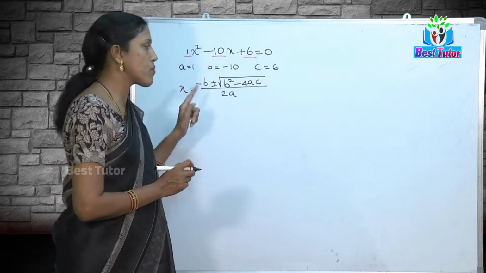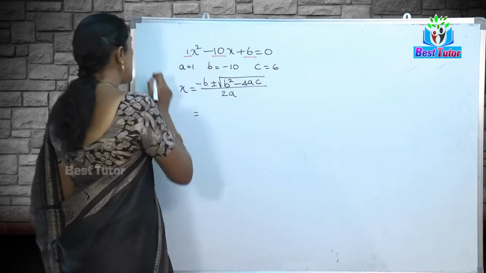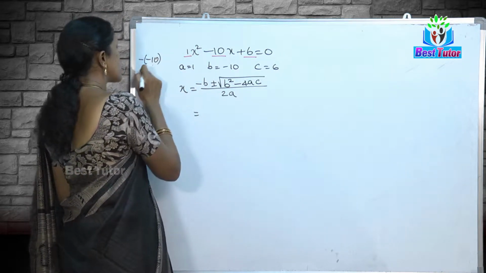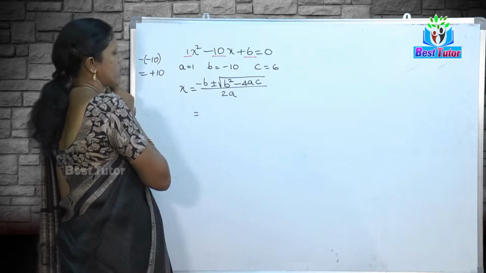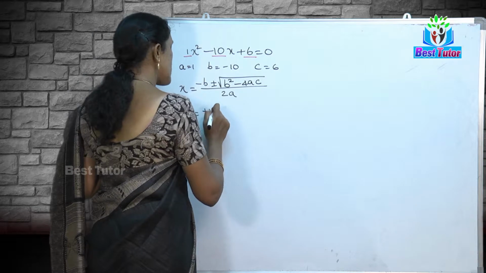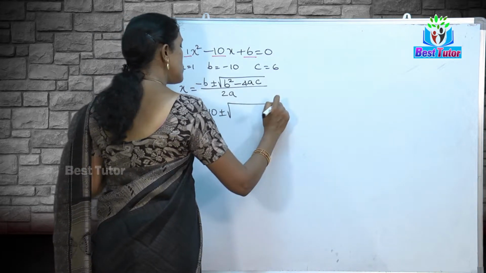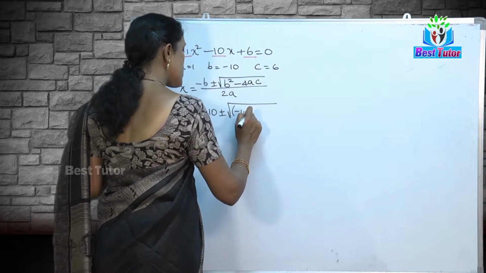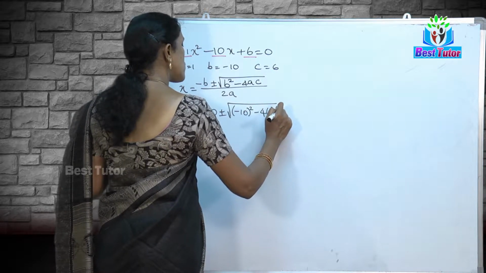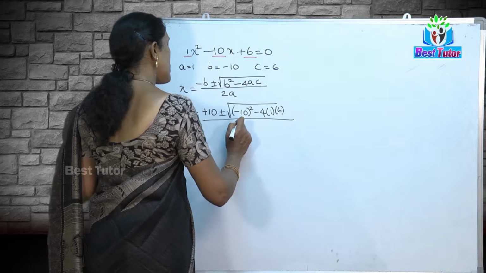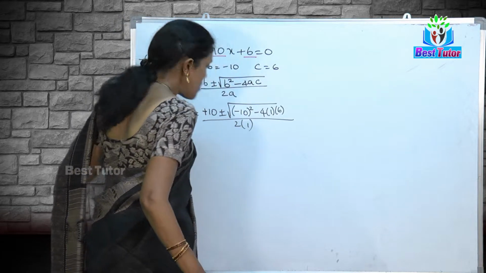So what is minus b? Minus of minus 10 is nothing but plus 10. It is nothing but additive inverse of minus 10, which is plus 10. So plus 10 plus or minus root of minus 10 whole square minus 4 into 1 into 6 by 2 into 1.